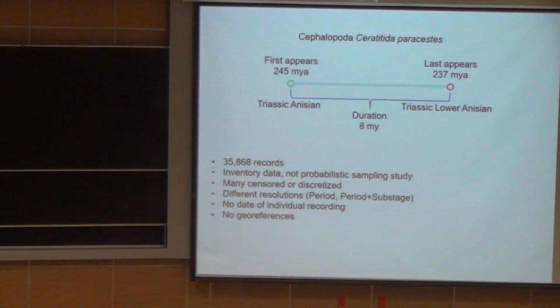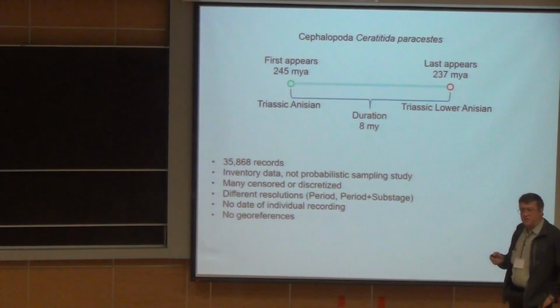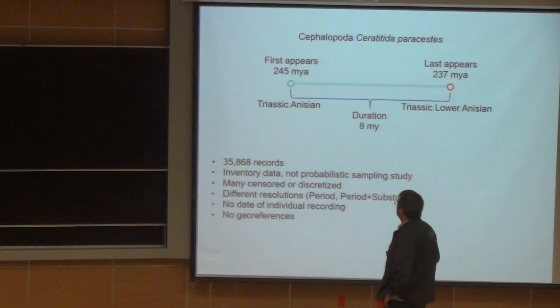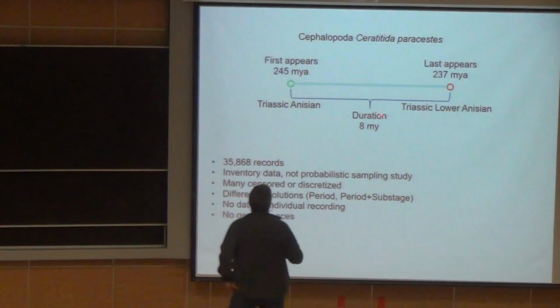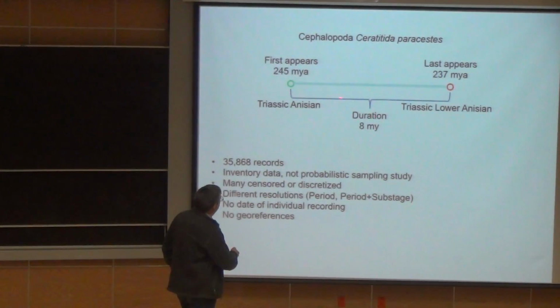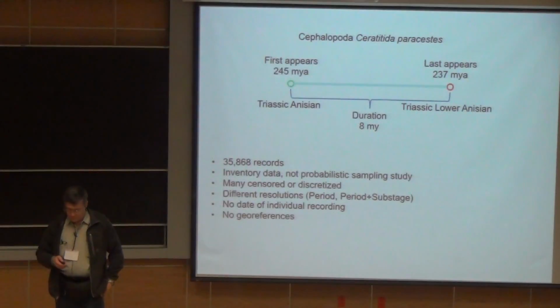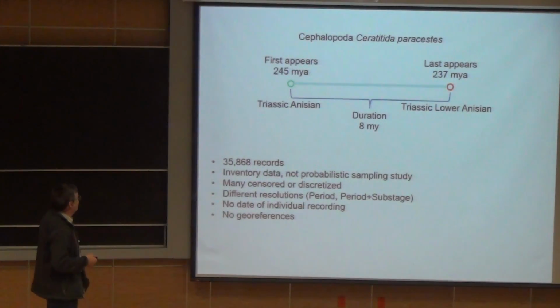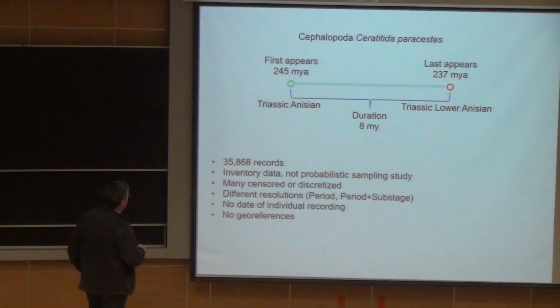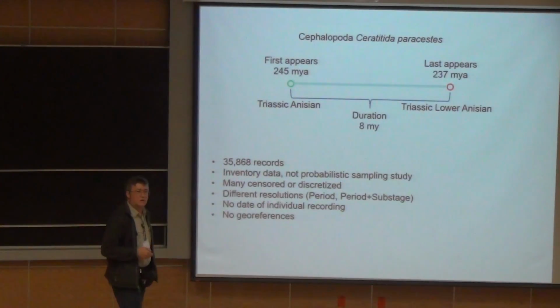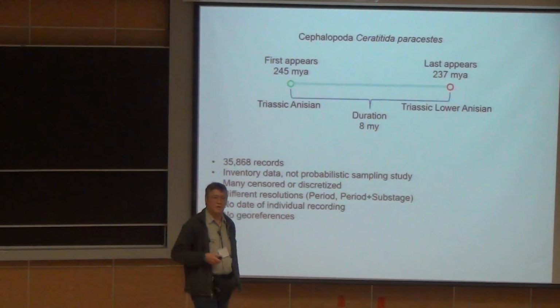So the green circle is when it appears, the red circle is when it's last seen in geological time. That spans an important variable which we will call the duration or the lifetime of that particular species. So imagine there's 35,800 of such records, and that is what is called the fossil record.